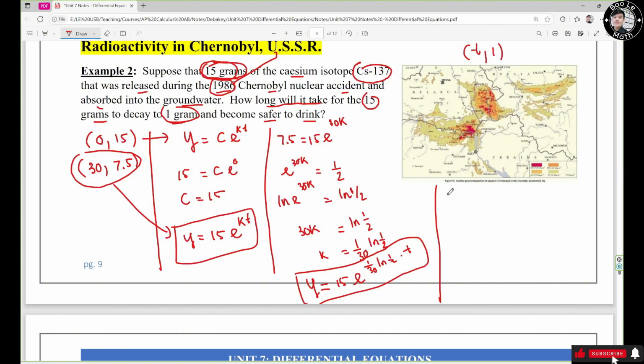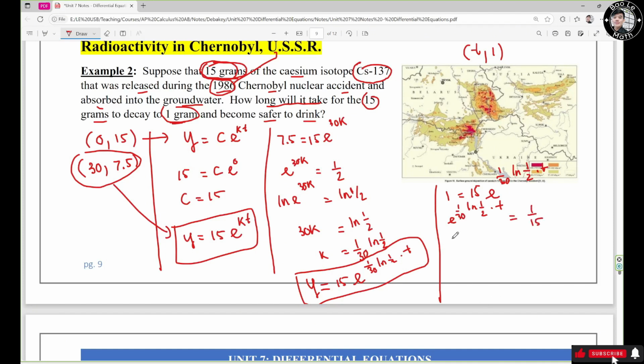So I have 1 equals 15 times e raised to the 1 over 30 natural log of 1 half times t. I need to divide both sides by 15, so I have e raised to the 1 over 30 natural log of 1 half times t equals 1 over 15, right?